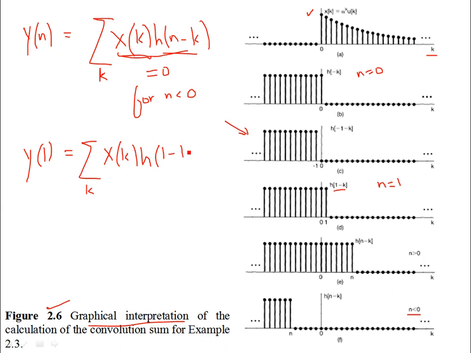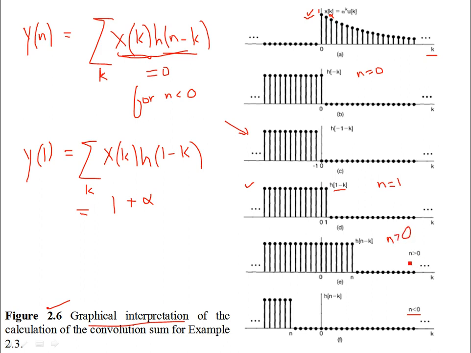If you do the multiplication sample by sample, looking at this graph for n equal to 1, you see there are only two samples. This sample is 1, this is alpha, so my y[1] is simply 1 plus alpha.